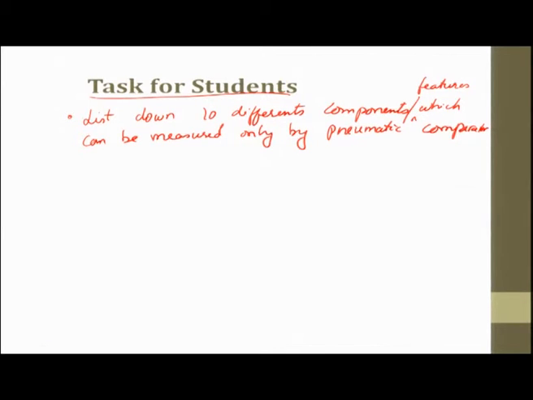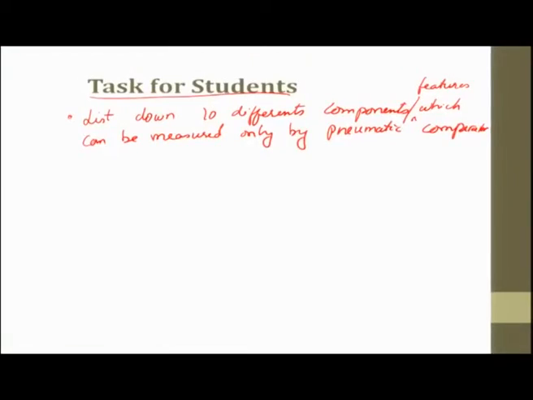Please list down the 10 components. These assignments are very useful. You don't have to submit it to me, but these assignments are very useful from the examination point of view. So, 10 different components or features. You can take a single component, make 10 features in a single component and say these are the features which can be measured only by pneumatic and not by anything else.